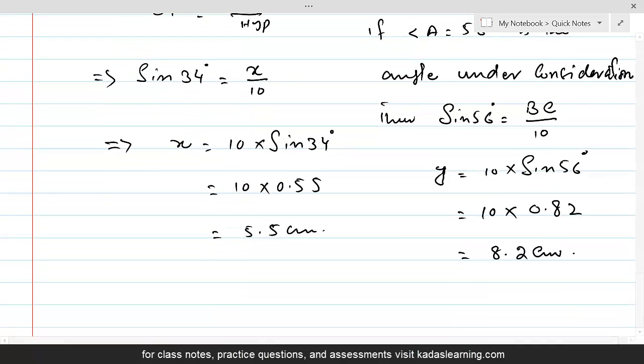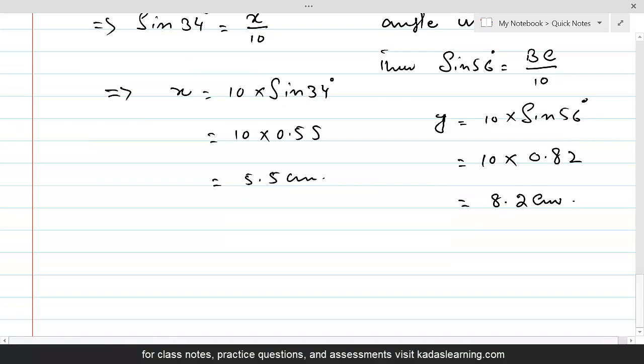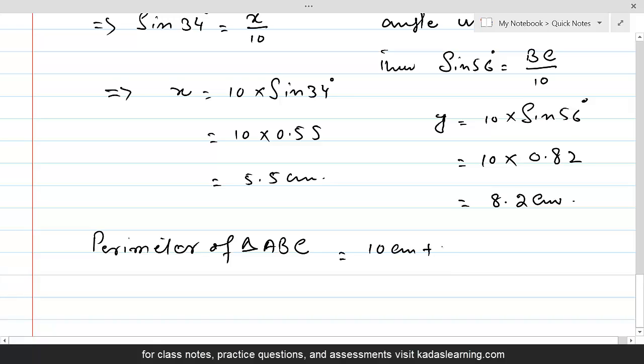And now we have all three sides of this triangle, so the perimeter of triangle ABC would be equal to 10 centimeter plus 5.5 centimeter plus 8.2 centimeter.